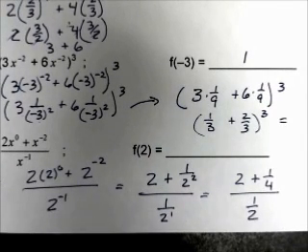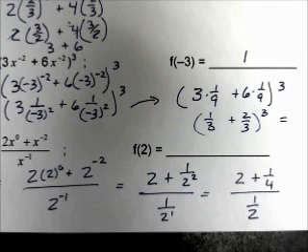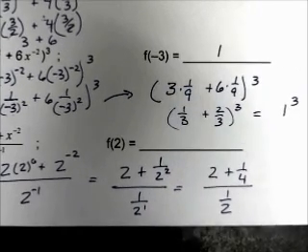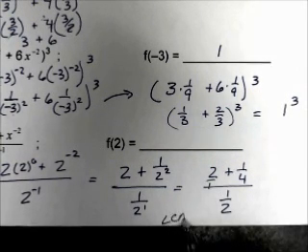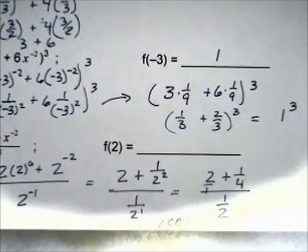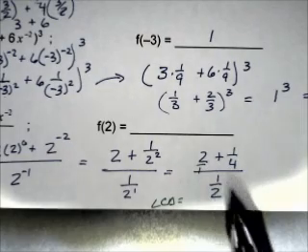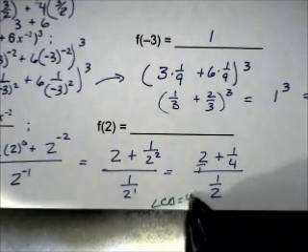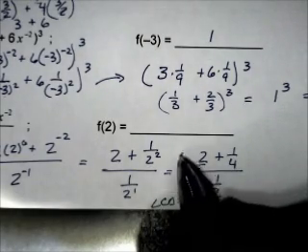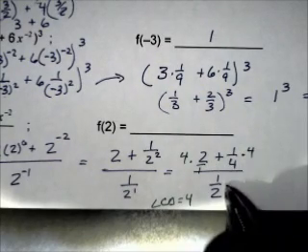Looks like a complex fraction to me, so let's multiply by the least common denominator of all the denominators. Right? The least common denominator of all the denominators of 1, 4, and 2 is 4. So go through and multiply every term by 4.